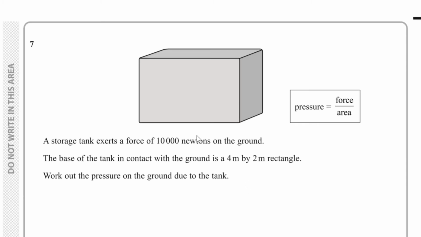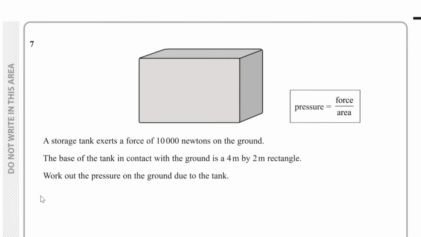Question number 7. A storage tank exerts a force of 10,000 newtons on the ground. The base of the tank in contact with the ground is a 4 meter by 2 meter rectangle. We have to work out the pressure on the ground due to the tank. So the first thing to do is calculate the area.